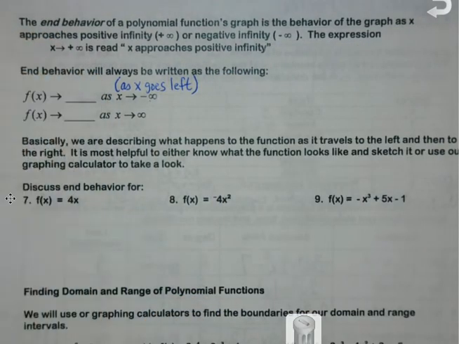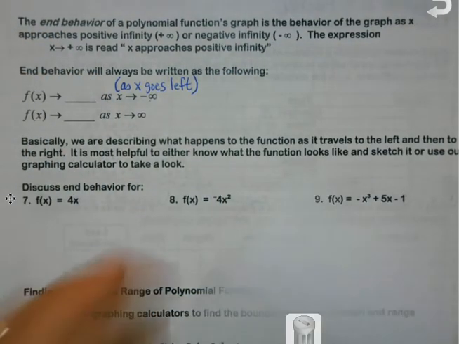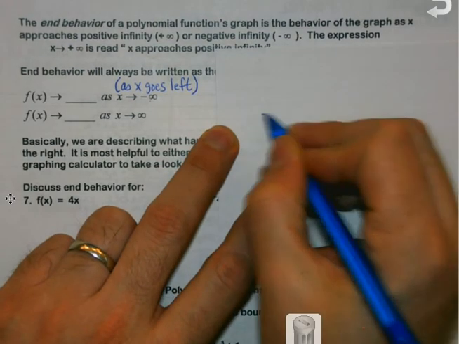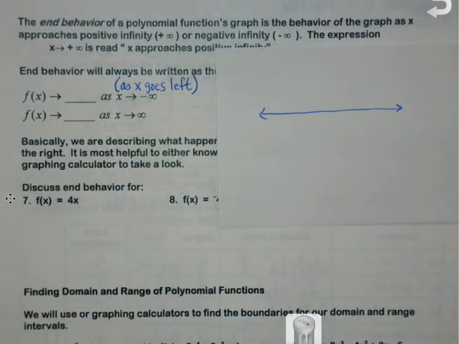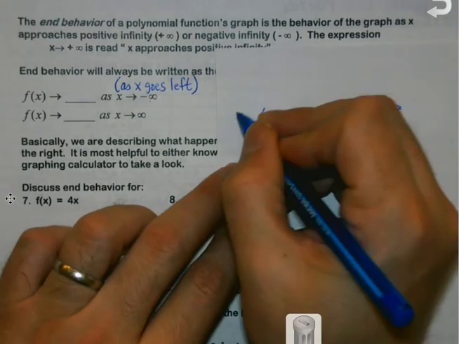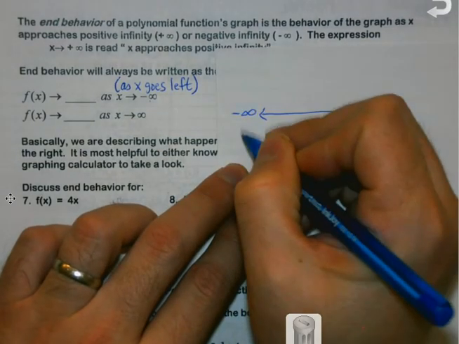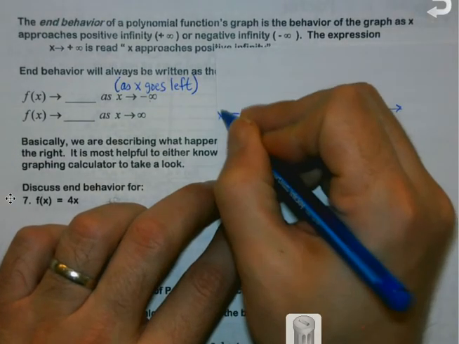Because if you think about a number line, if I were to sit here and draw a number line like we've had before, we always talk about if it goes forever off to the left, it's going off to negative infinity.